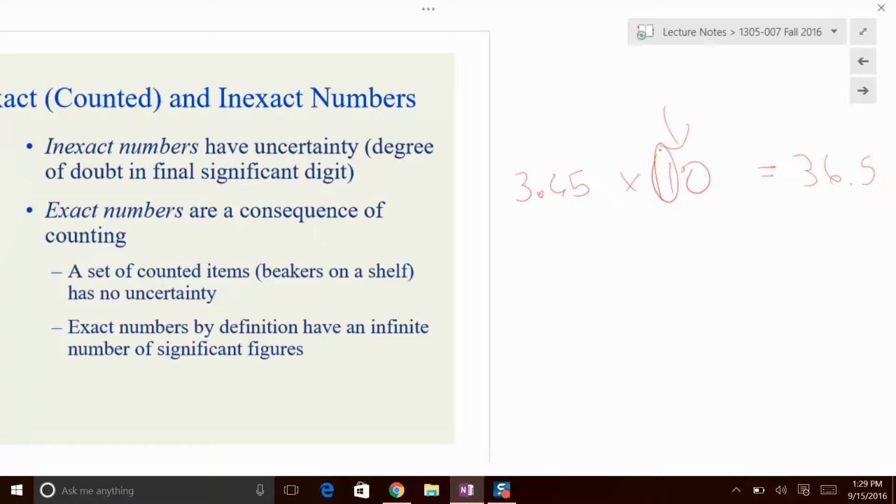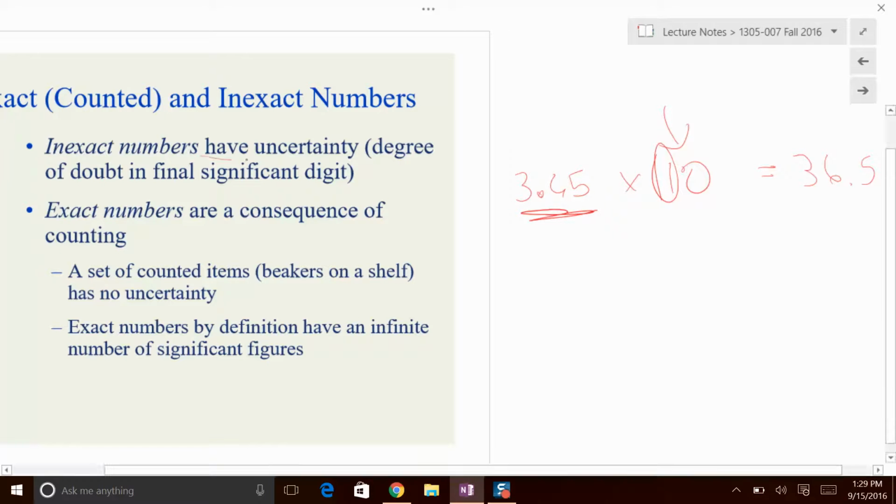But because this is an exact number, as it came from counting something, it has infinite significant digits, so I'll record my answer according to this number, which has 3 significant digits. So I will say 36.5, which is also 3 significant digits, to maintain the significance of that data set.